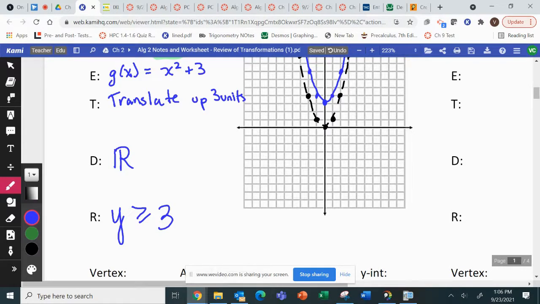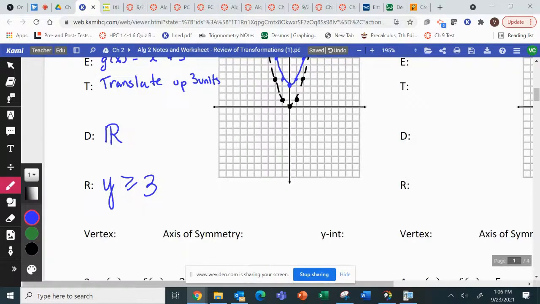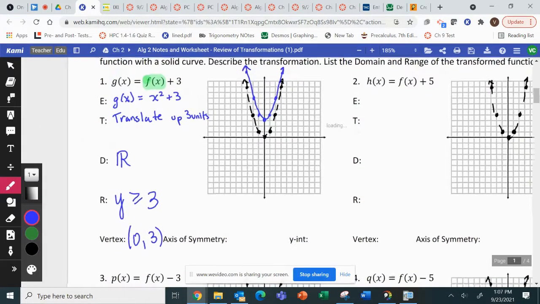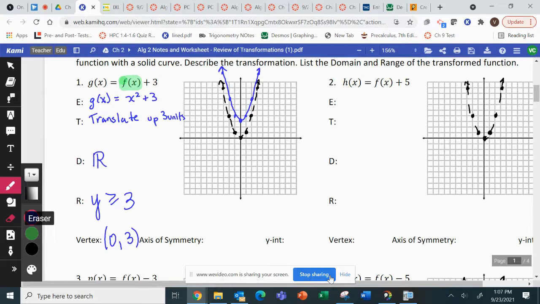All right, then we write the vertex. So you should be able to look at the graph and figure it out. What's the vertex? 0, 3. Now the axis of symmetry, you don't have to draw it. You can if you want. I'll draw it right now. The axis of symmetry is that line that is right in the middle.